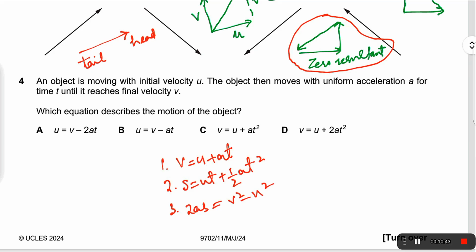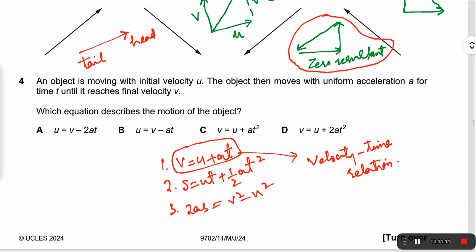So you check it. The object moves with a uniform acceleration a and time is t. So which equation is correct? This is the correct equation, that has initial velocity, final velocity, constant acceleration, and time. This equation is also known as the velocity time relation. Is there any option which is the same as this one, v is equal to u plus at?